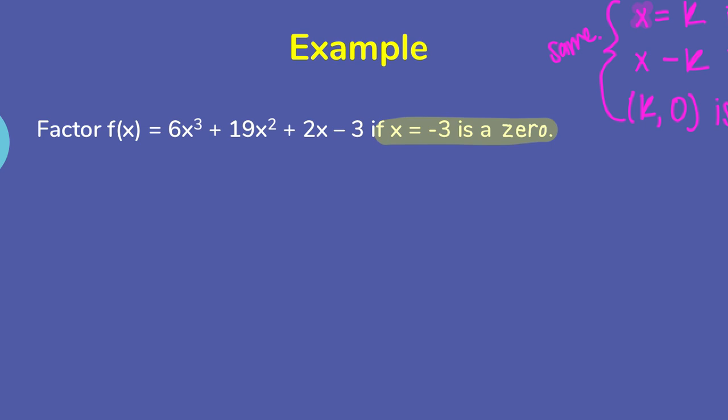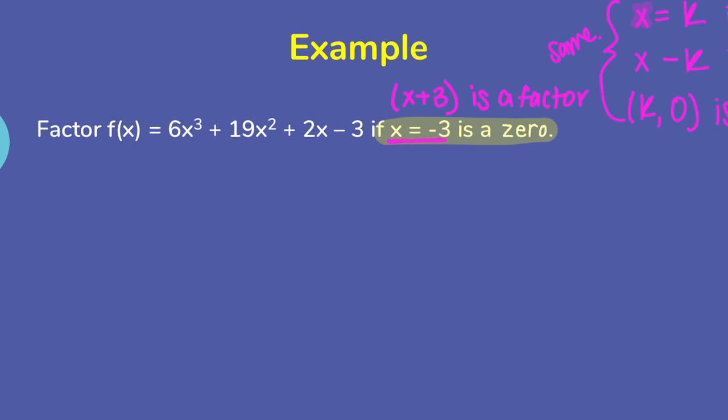Factor f of x equals 6x cubed plus 19x squared plus 2x minus 3 if x equals -3 is a 0. So what do I know is a factor? I know that x plus 3 is a factor because I'm getting it from them telling me x equals -3.